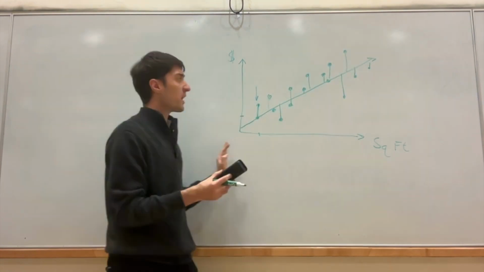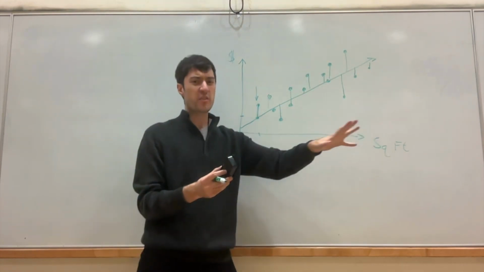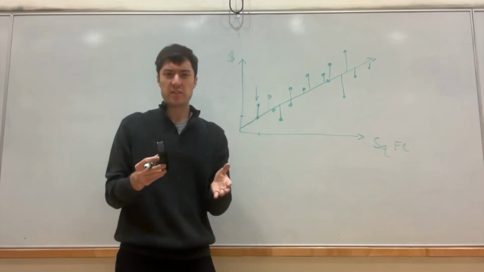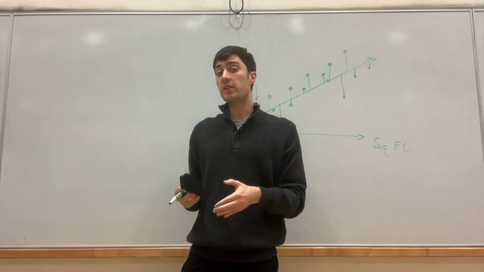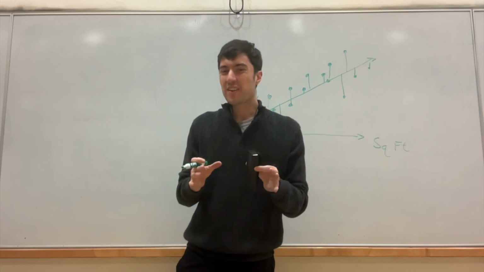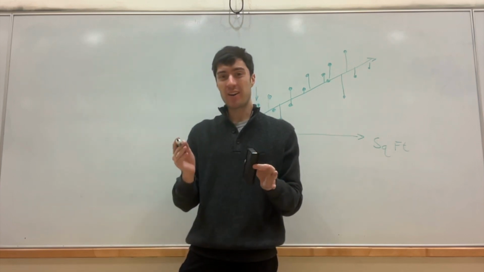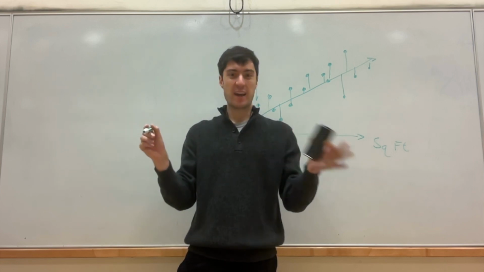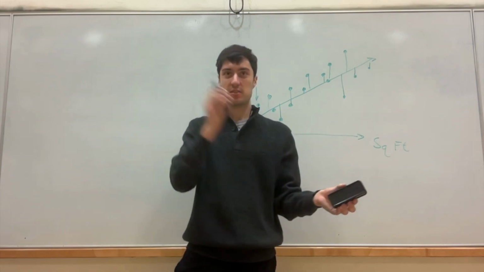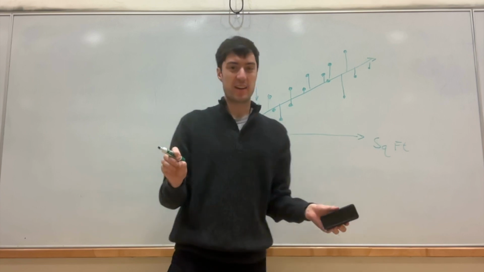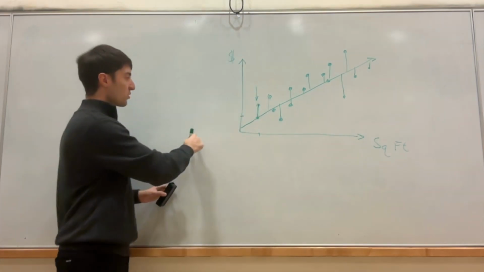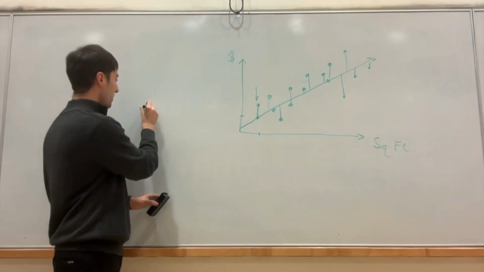So we want to add up all of the error, regardless of whether it's positive or negative. One of the very nice tricks is that squaring takes both positive and negative and gets rid of the negative sign. So what we want to do is sum up the squared error.